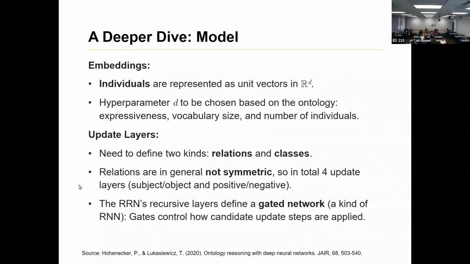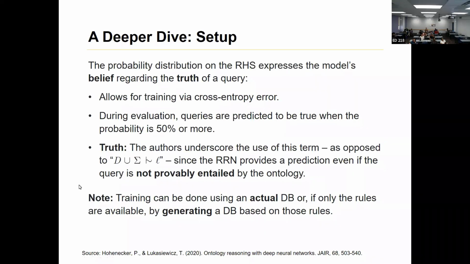Another question. Oh, yeah? Yeah, so just from my understanding again, the RRN will, you pass it a triple, it'll grab the embeddings, and then it will pass those embeddings to an MLP, which will then output a softmax for true or false, right?